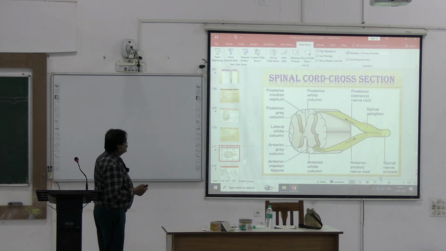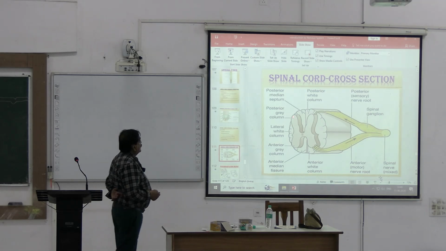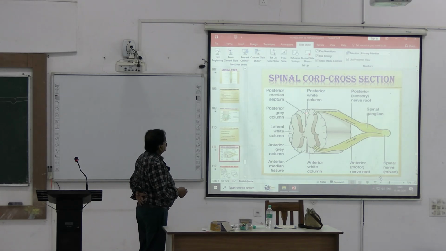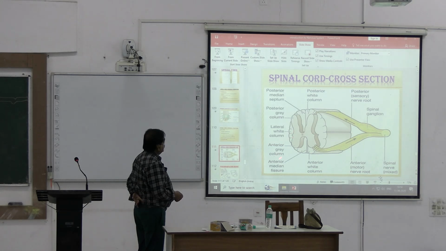Now, spinal cord cross section, see, this is the posterior column, the posterior median septum, the posterior grey column, the lateral grey column, anterior grey column, anterior median fissure, anterior white column, and anterior motor nerve root, posterior sensory nerve root, spinal ganglion here. This is the posterior white column.